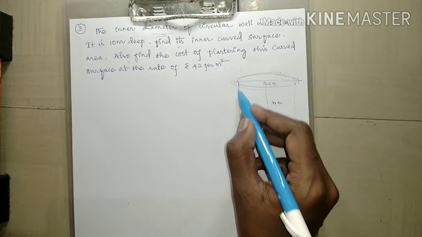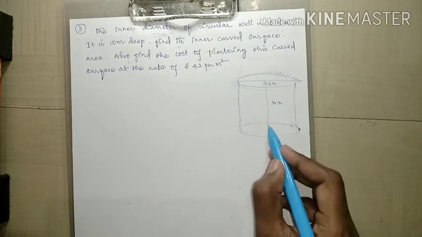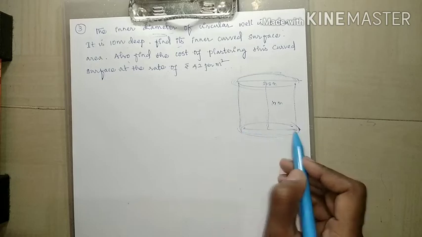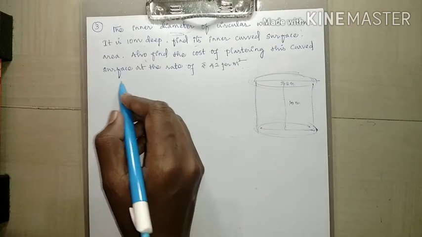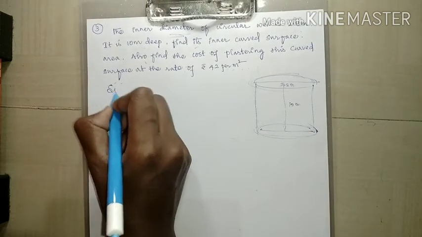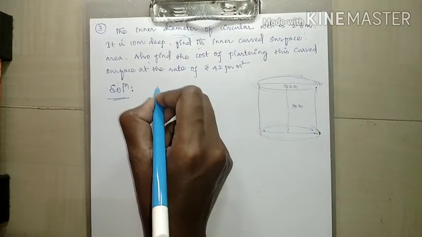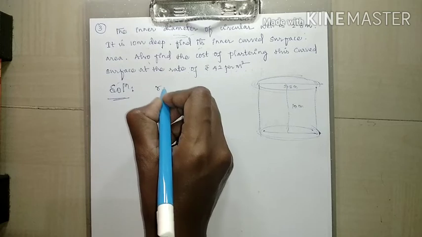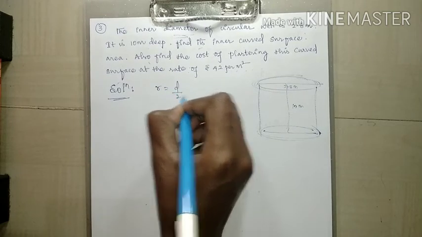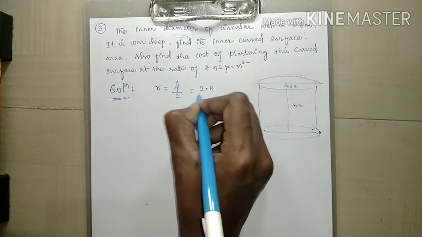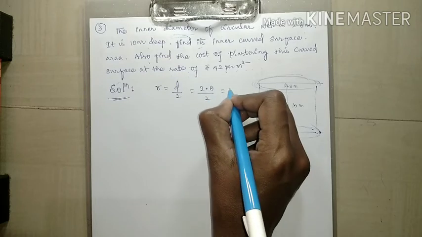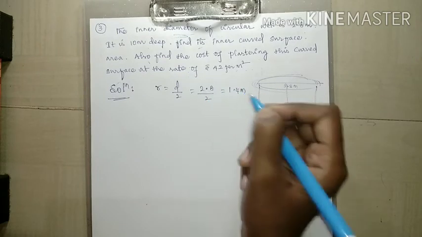So now solution. Diameter is given 2.8 meters. Let me write the radius first. Radius, you know, is d by 2, that is diameter 2.8 divided by 2, that is 1.4 meters.